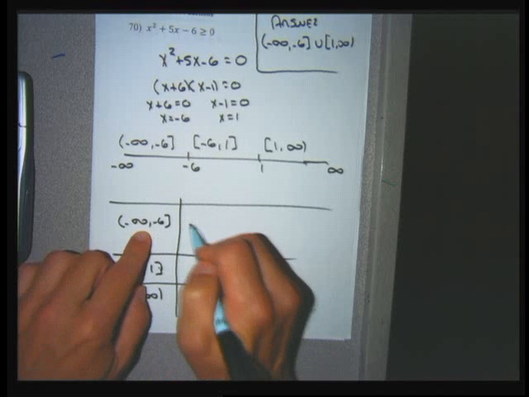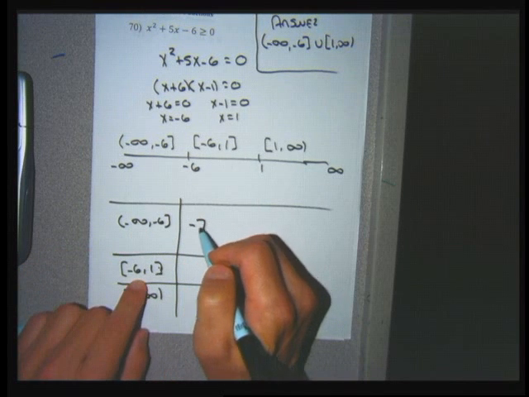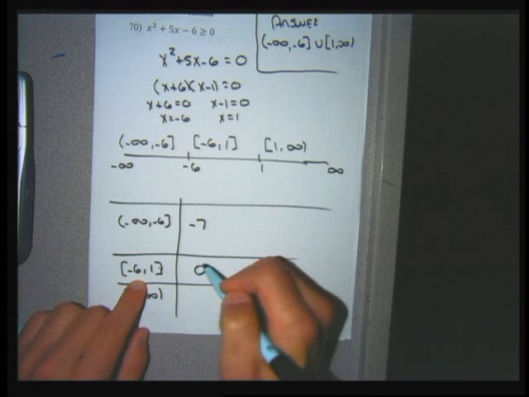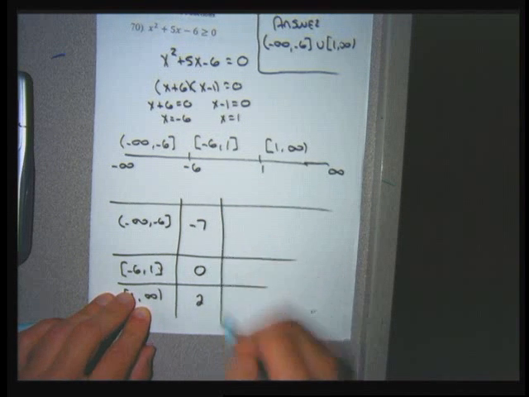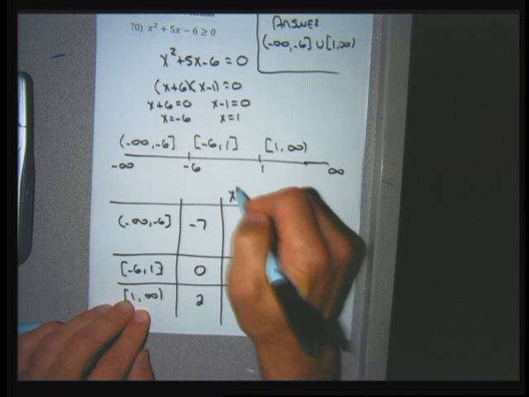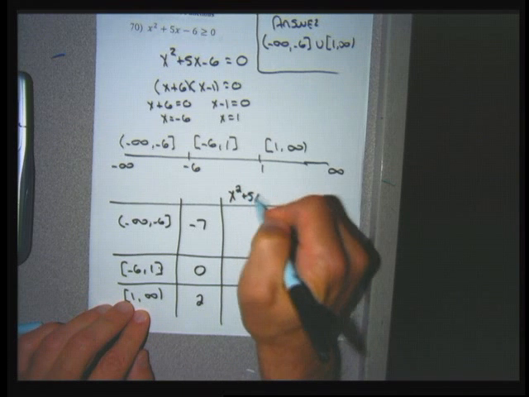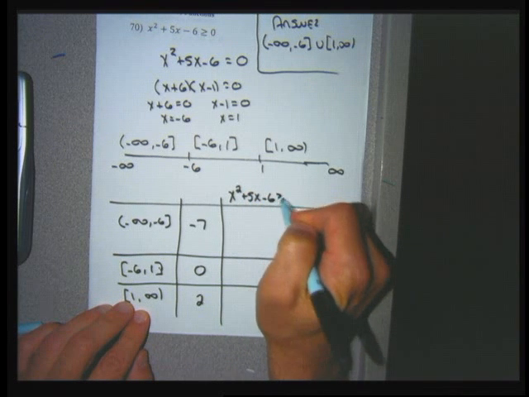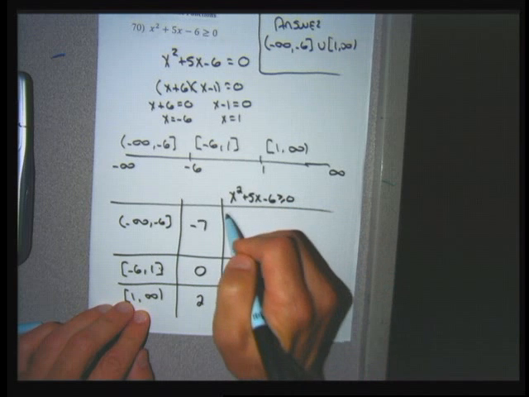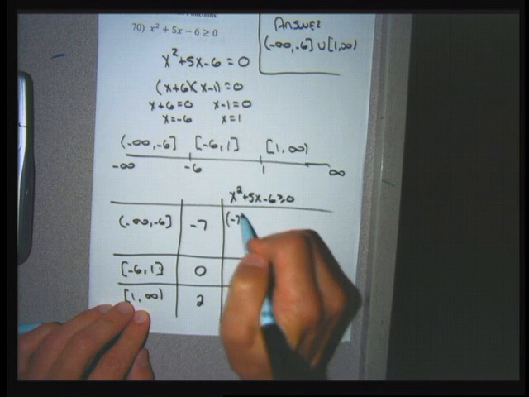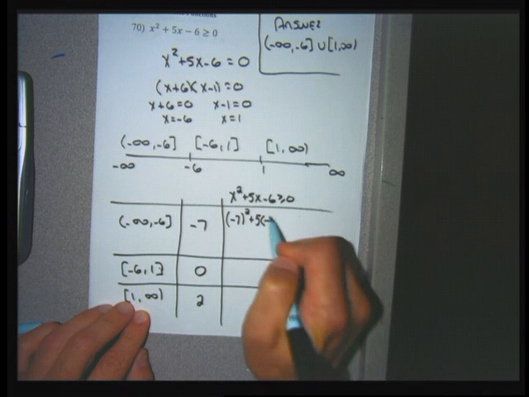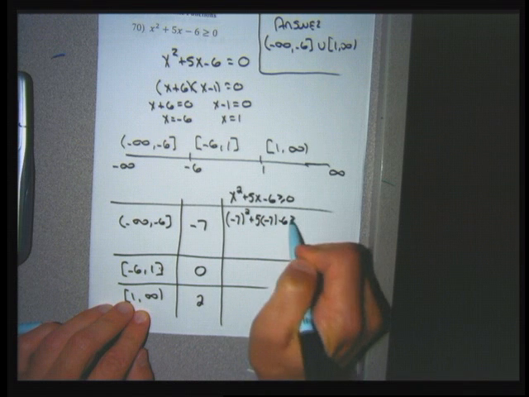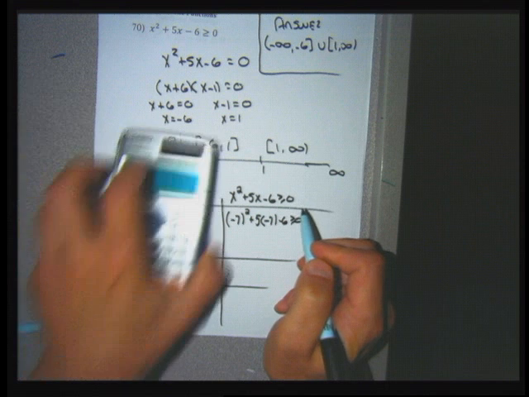This interval I'm going to check negative 7. This interval goes from negative to positive. I'm going to check 0. This interval I'm going to check 2. And I'm going to check them into x squared plus 5x minus 6 is greater than or equal to 0. So first one, negative 7 squared plus 5 times negative 7 minus 6 is greater than or equal to 0.